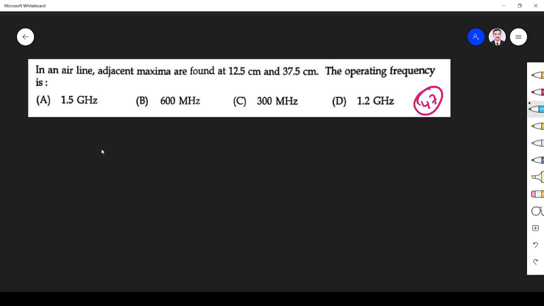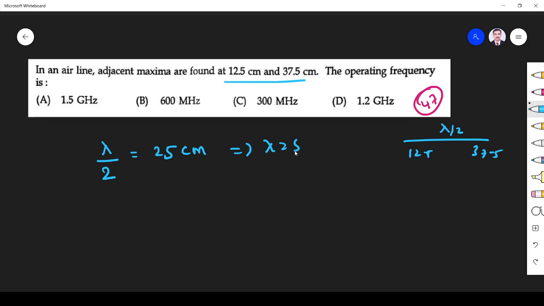We know the distance between adjacent maxima is given by lambda by 2. So two maxima are located at 12.5 and 37.5. So the distance between them is lambda by 2. So what is the distance, as per this minus this? So 37.5 minus 12.5 is 25 centimeter. This implies lambda is equal to 50 centimeter. They ask frequency.